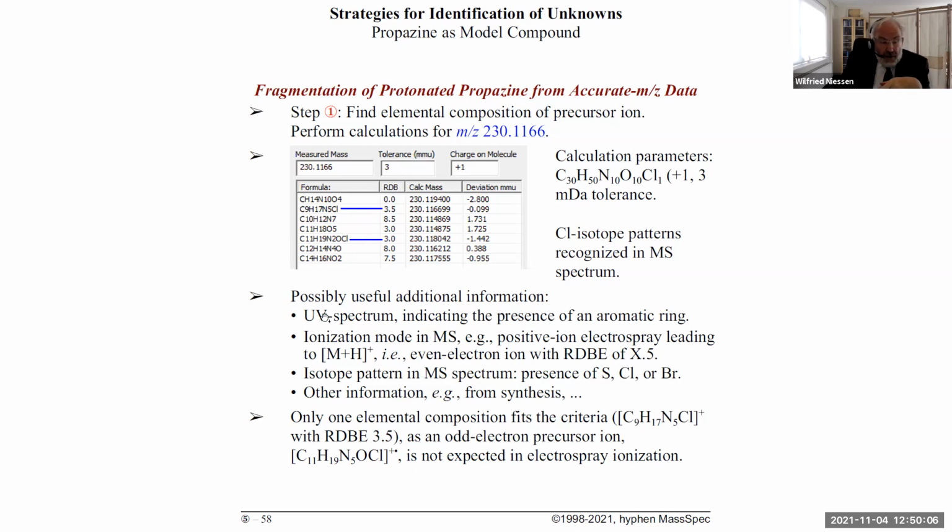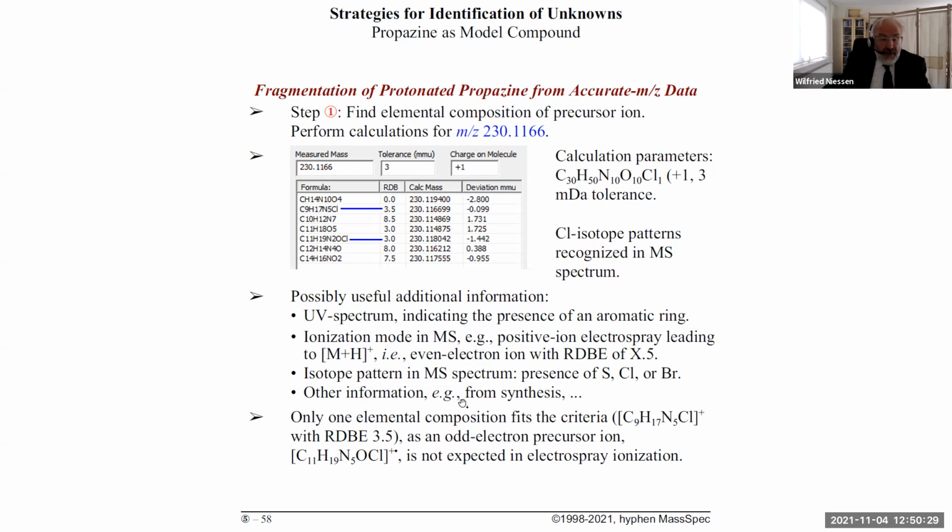And possibly the UV spectrum can give additional information. The ability to do both positive and negative doesn't work in this particular case because I get only data for positive ion mode. I use the information from the isotope pattern, and perhaps if this would be an unknown, I would have additional information, like somebody having tried to do something.